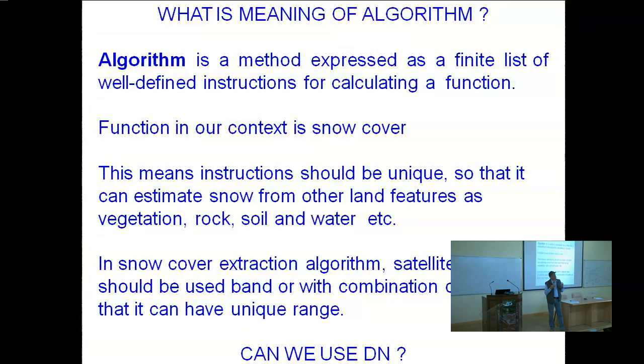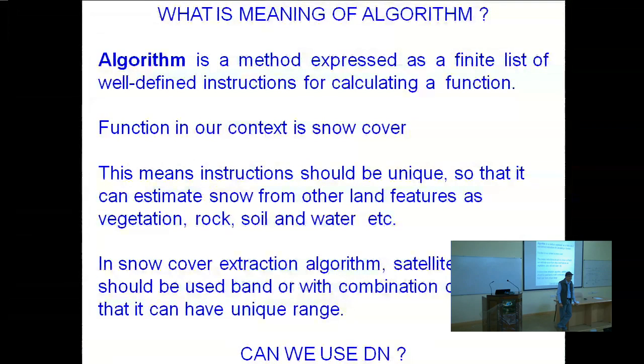Because visible bands are very high reflectors, and we can use only the visible band. Why do we require another band, which is SWIR, which has substantially lower reflectance, to do that? Or another thing is, can we use the DN? What is the meaning of DN? What is the difference between DN and reflectance?